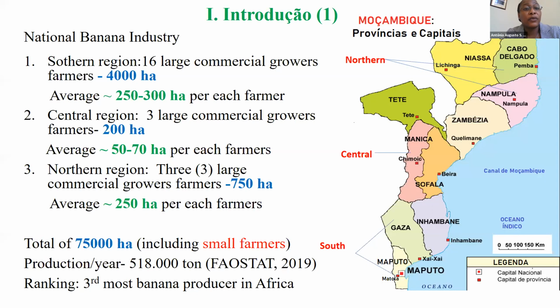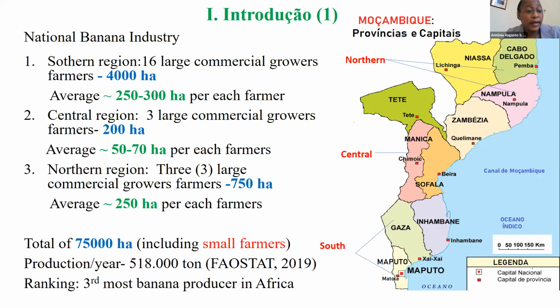In the southern region, we have 16 large commercial growers. In the central region, we have 3 large commercial growers, and most of the banana producers in the central region are smallholder farms. In the northern region, where the disease occurred, we also have 3 large commercial growers.